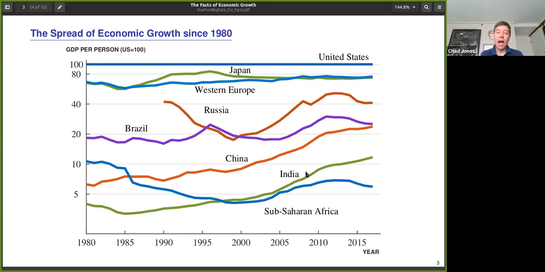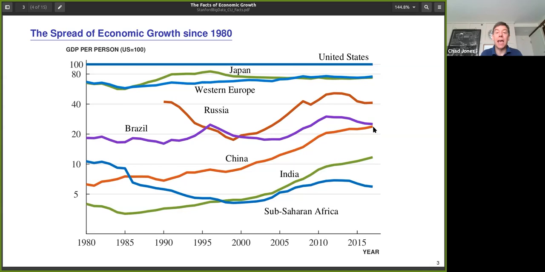You could see Brazil there, Russia there, China, obviously, China and India, two countries that are very interesting from a growth standpoint, just because they've exhibited such rapid growth recently, right? So you can see China starts in 1980 at about 7% of the US and ends up in 2017, I think, for this graph, at about 25% of the US. So you remember, China has 4 times as many people as the United States, and it has 1/4 the GDP per person.